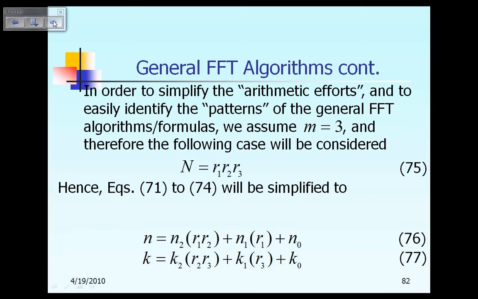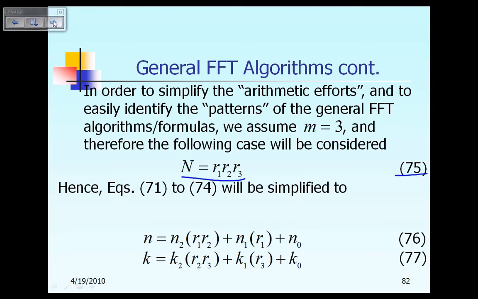So right now we just focus on capital N equal to R1, R2, R3. Later on, after you understand this, we can generalize to M integer products instead of just 3, as shown in equation 75.